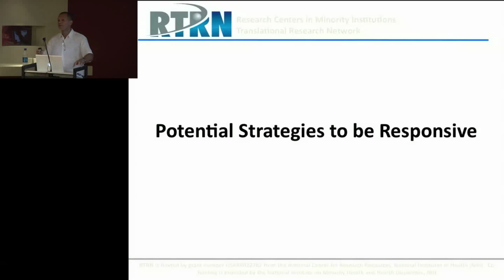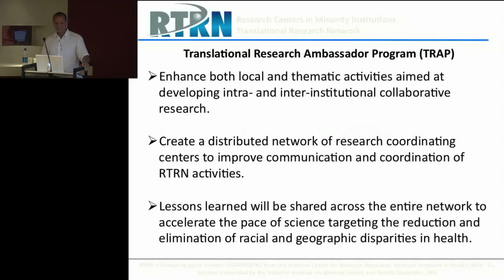So these are just some of my thoughts on potential strategies to being responsive. I'm sure there are a lot of other thoughts out there. We talked about the ambassador program. That's one strategy that can address the issue of having thought groups and looking at research collaborations, both at the institutional and national level.